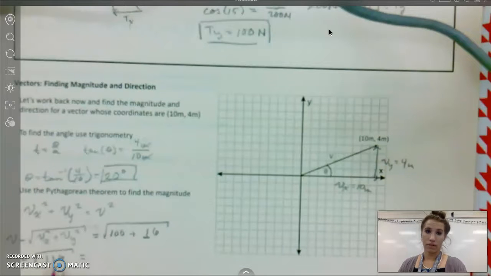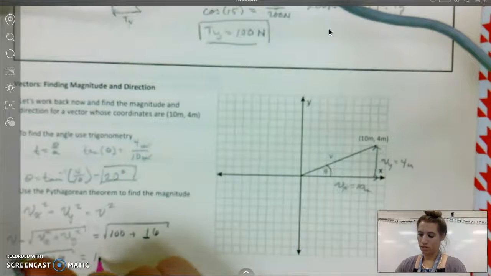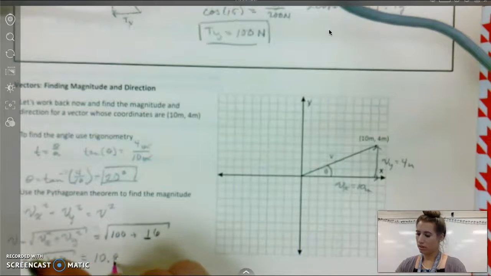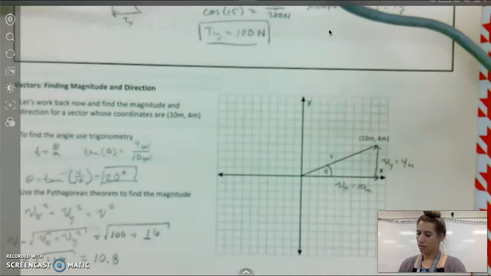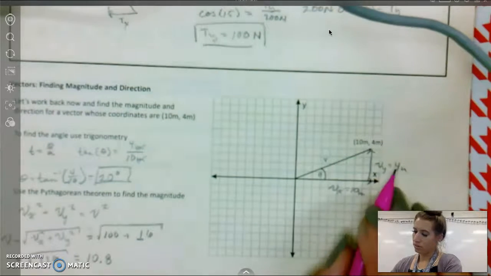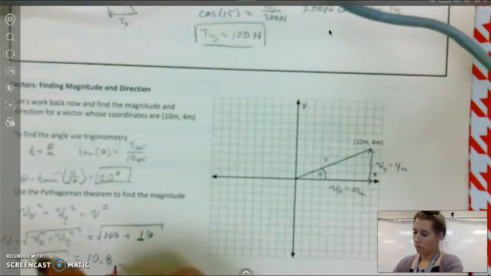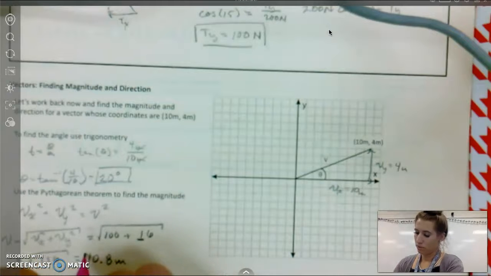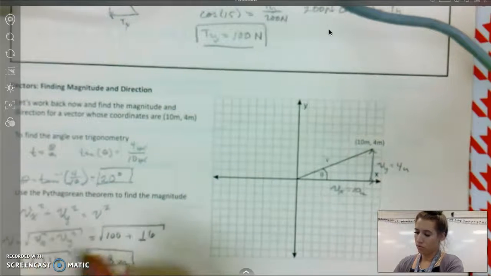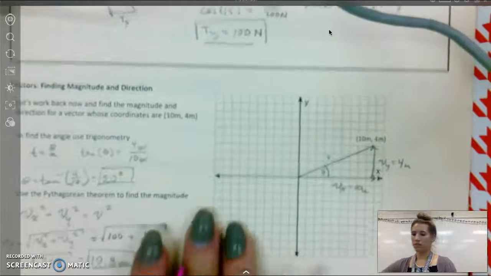I have 3 significant figures here, and so our answer should have 3. So 10.8. And my units would be, well, we have meters, and so that component would be meters as well. Okay, that's the magnitude of that line.